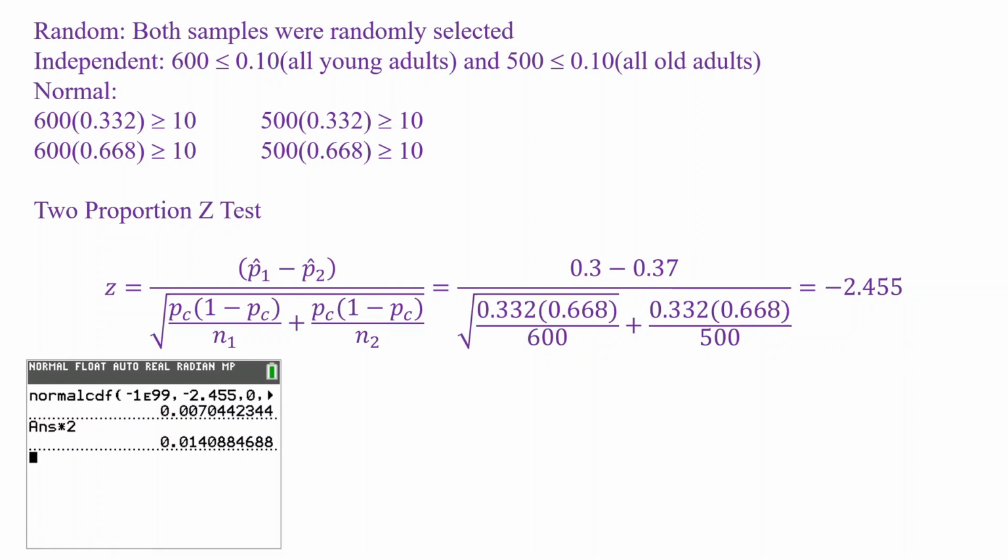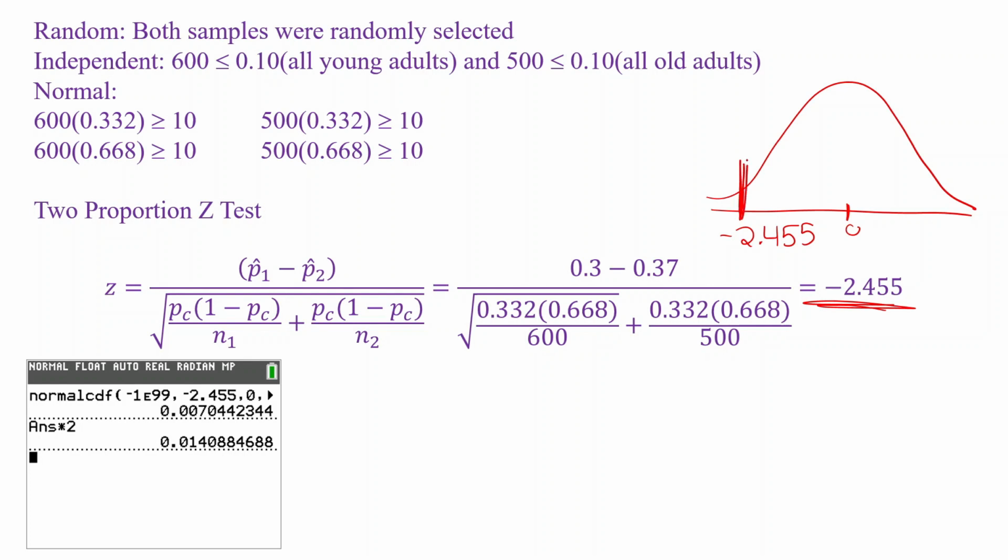We use normal CDF because my Z is negative, just to remind you on a two-sided test, when we have 0 in the middle, this is our Z value, and we always want to find our P value as extreme or more extreme in the direction of the alternative. So for a two-sided test, this is our Z value, and for our P value, we want to find this area right here. And that's what I did in this first step.